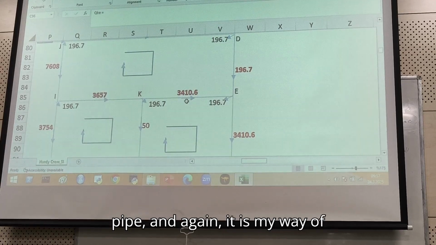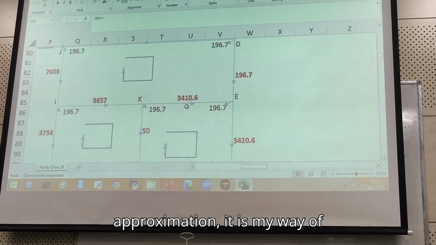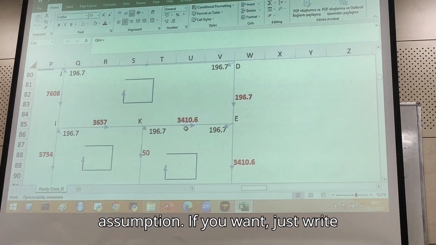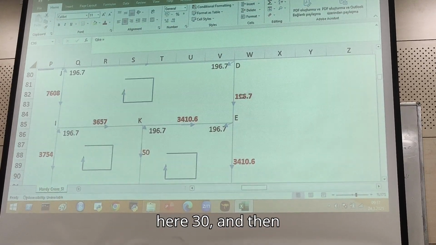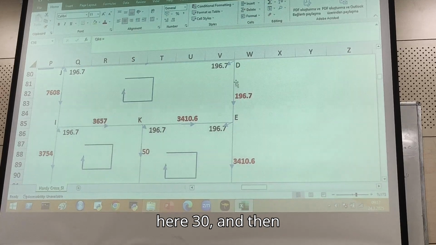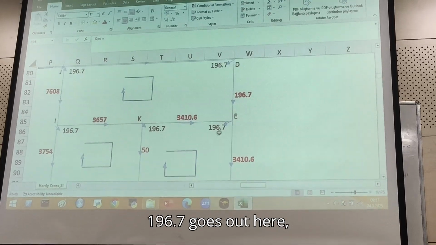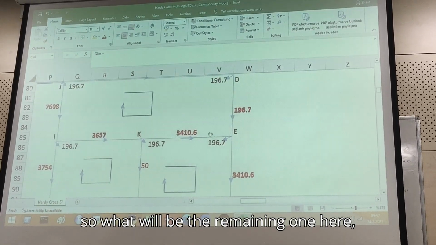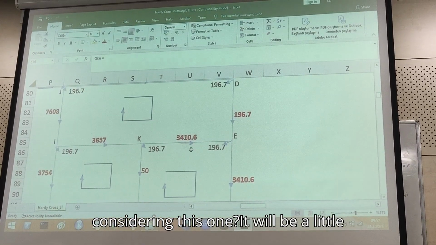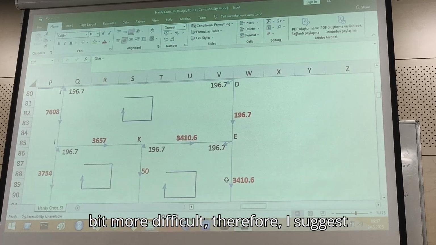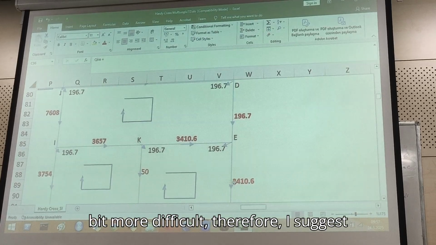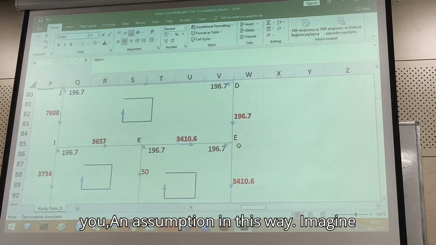And again, it is my way of approximation, it is my way of assumption. If you want, just write here 30, and then if it is 30, 196.7 goes out here. So what will be the remaining one here, considering this one? It will be a little bit more difficult. Therefore, I suggest you an assumption in this way.